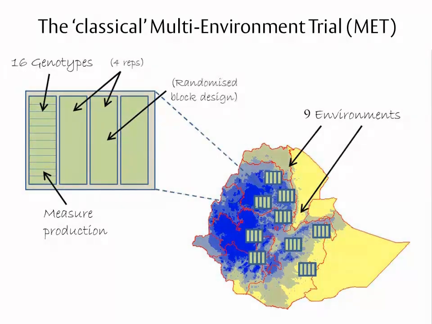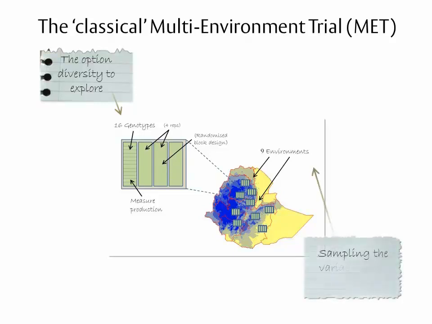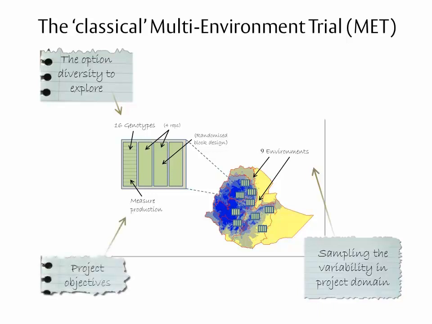Looking at the elements of this study, we see 4 things. First, there is the diversity of options to compare, in this case the 16 varieties. Secondly, there are the environments in which they are compared, selected to sample the variability within the project domain. Third component is the indicators of performance which we're using.